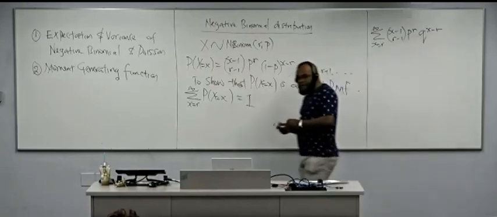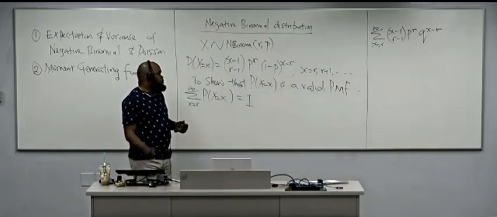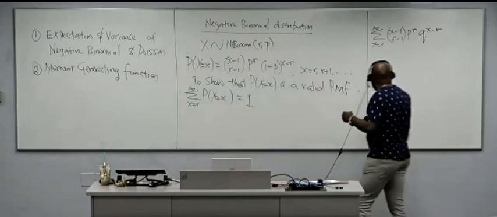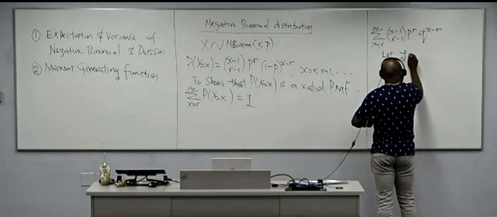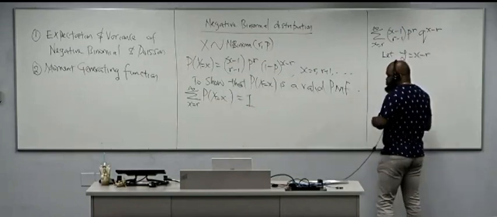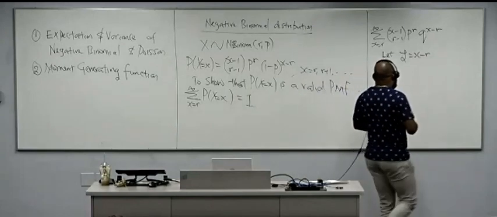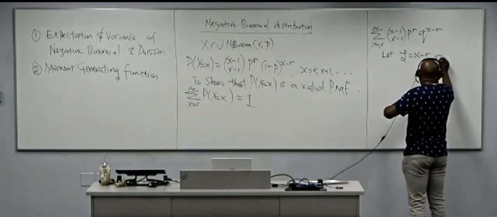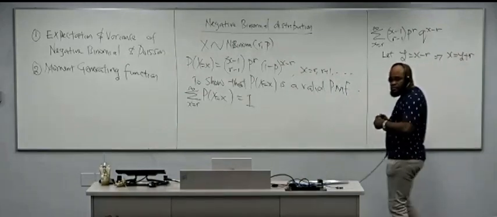I want to show that this is going to give me 1. So if I want to show that, I can let y be equal to x minus r. If y equals this, then this implies x is y plus r, right?